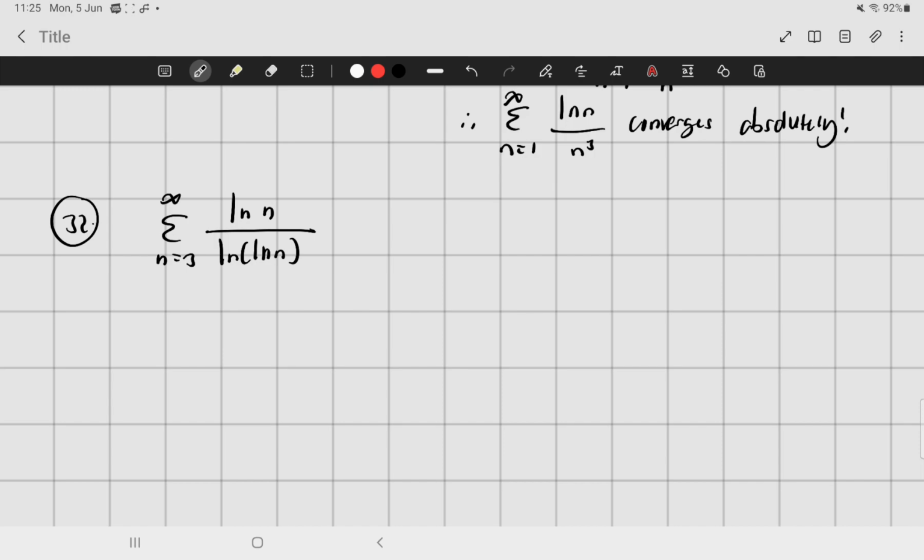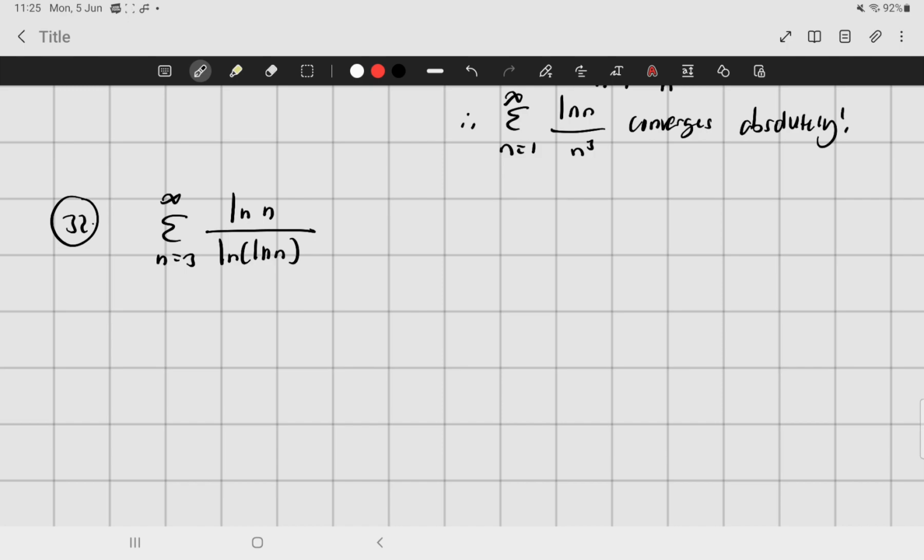Okay, nth term test. As long as the limit is not equal to 0, then it diverges entirely. So, let's see. By L'Hopital's rule, yeah, it's in an indeterminate form. Okay, that's a good sign. Let me do it in my head, then I'll do the working.